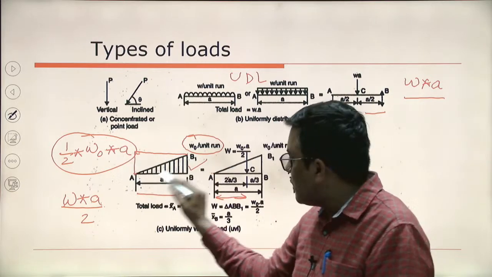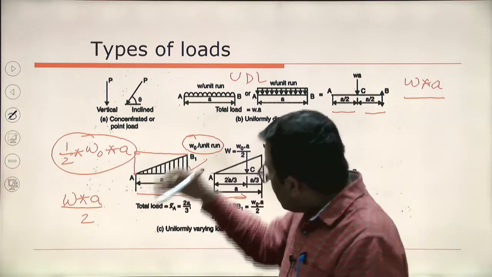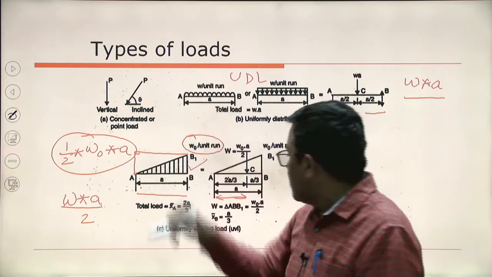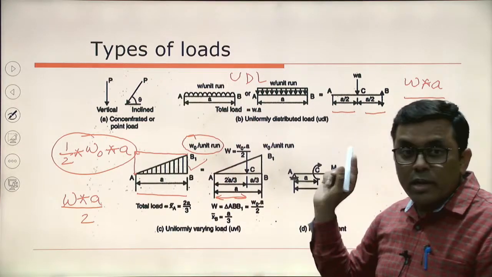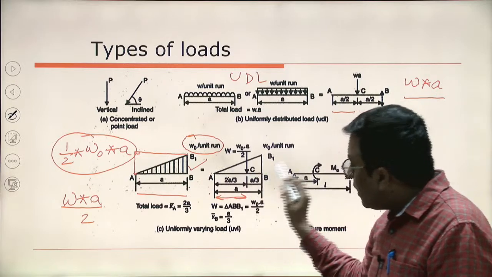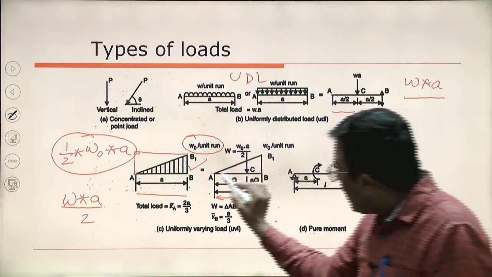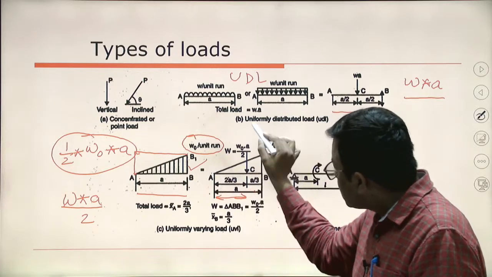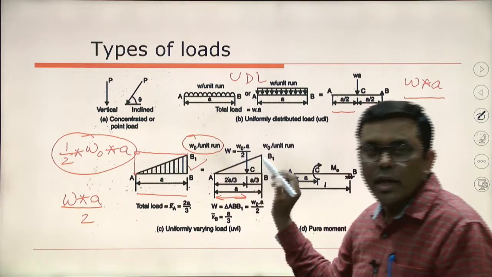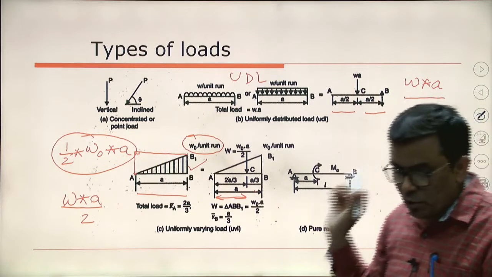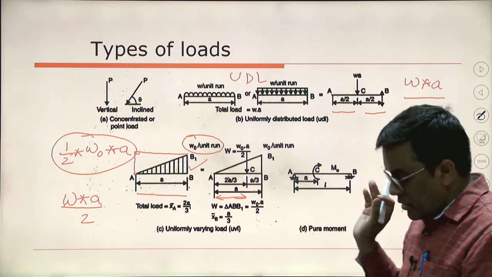I have shown this is the area of the triangle, half of the rectangle, I removed half. And it will be effective at which point? It will be effective at the centroid or center of gravity of this. So it will be at 2A by 3 distance from point A. So these are the different types of loads we will be dealing with.